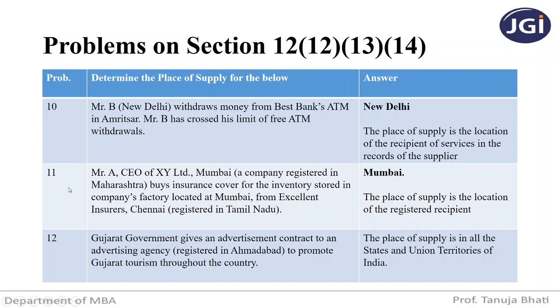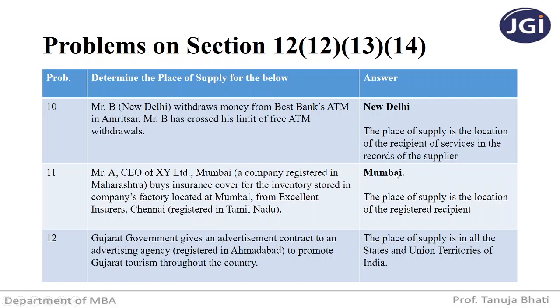Next, the 11th. Mr. A, CEO of XY Limited, Mumbai, a company registered in Maharashtra, buys insurance cover for the inventory stored in the company's factory located at Mumbai from Excellent Insurers, Chennai, registered in Tamil Nadu. Now there is an insurance coverage here, so section 12 subsection 13 will be applicable.